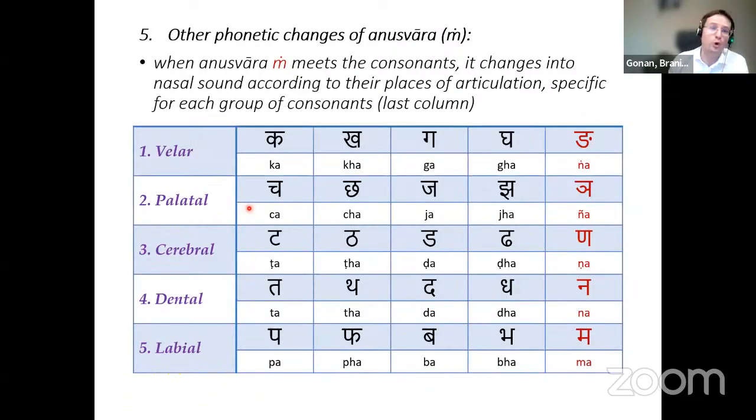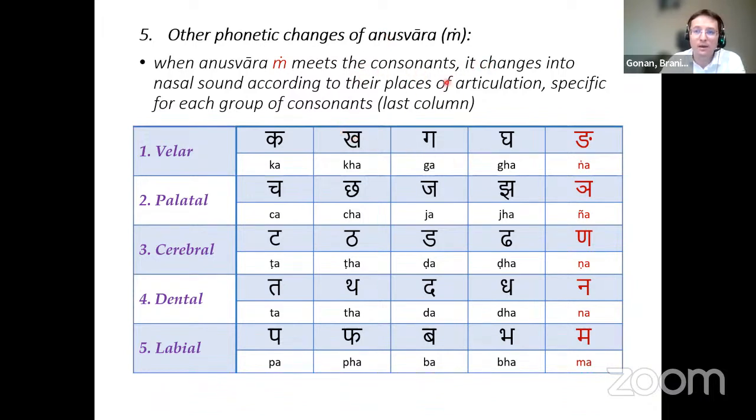But what is the most common is this fifth group of changes, so to speak, which is very, very common, and we are implementing it big time. So when anusvara meets the consonants, these are the consonant groups, as discussed in the part on consonants.